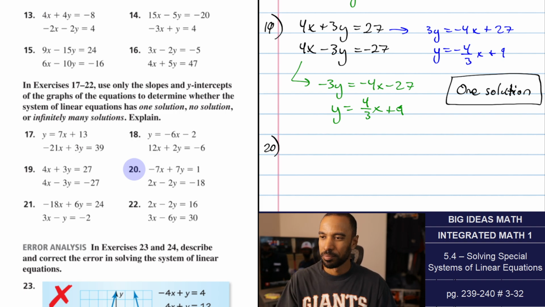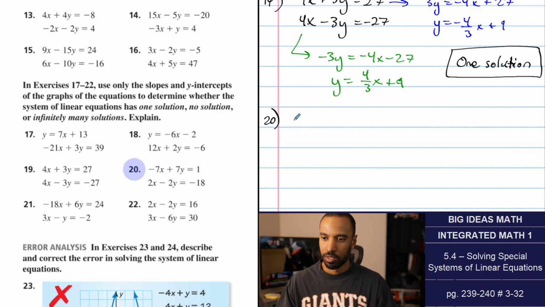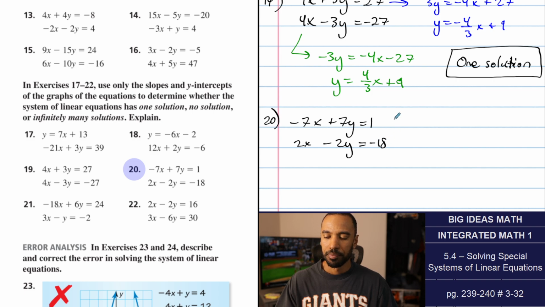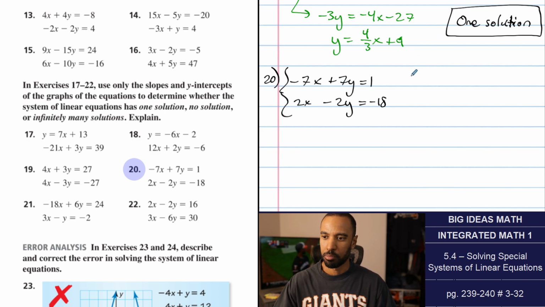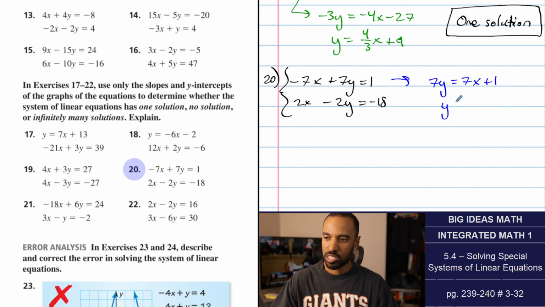Number 20. Negative 7x plus 7y equals 1. If you get really good at this, you start to anticipate what answers are beforehand. I anticipate this to be a no solution case, for example. So here we add 7x to both sides. Divide everything by 7. You get 1x plus 1/7.